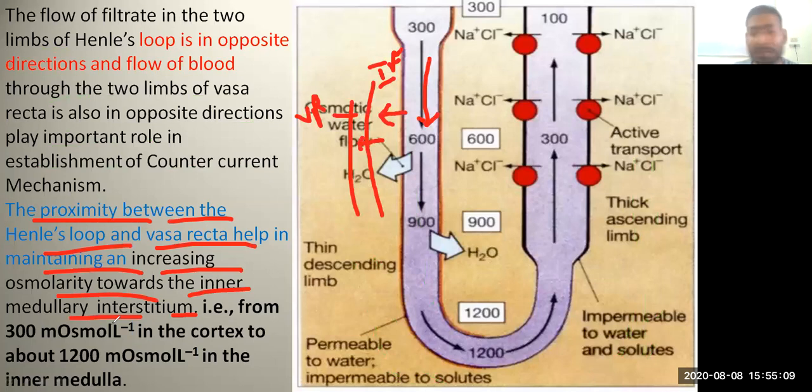inner medullary interstitium, that is from 300 milliosmolarity in the cortex. You know very well the part of the nephron up to the cortex region has very little concentration, but if we move from top to bottom along the descending limb of the loop of Henle, the concentration continues rising, from 300 milliosmolarity in the cortex to about 1200 milliosmolarity in the inner medulla region.